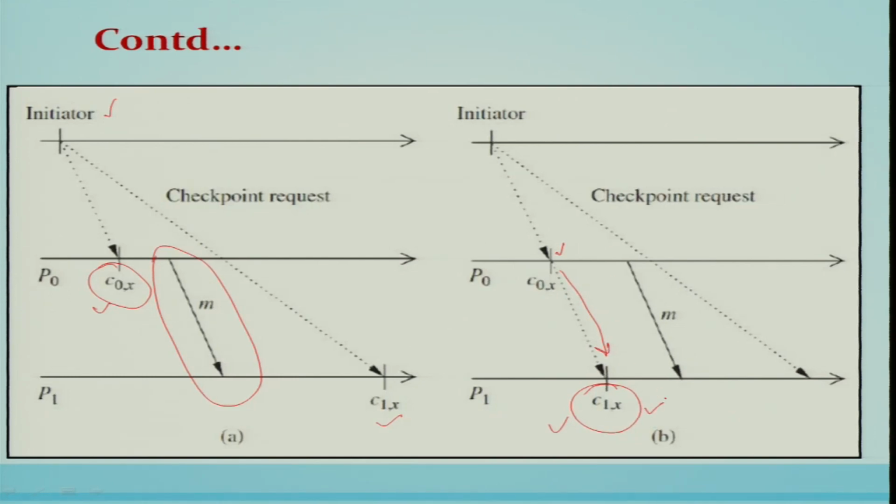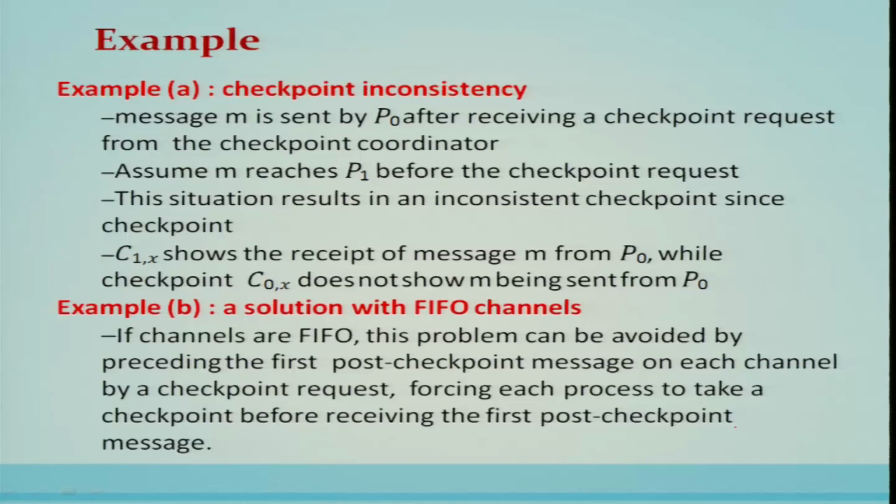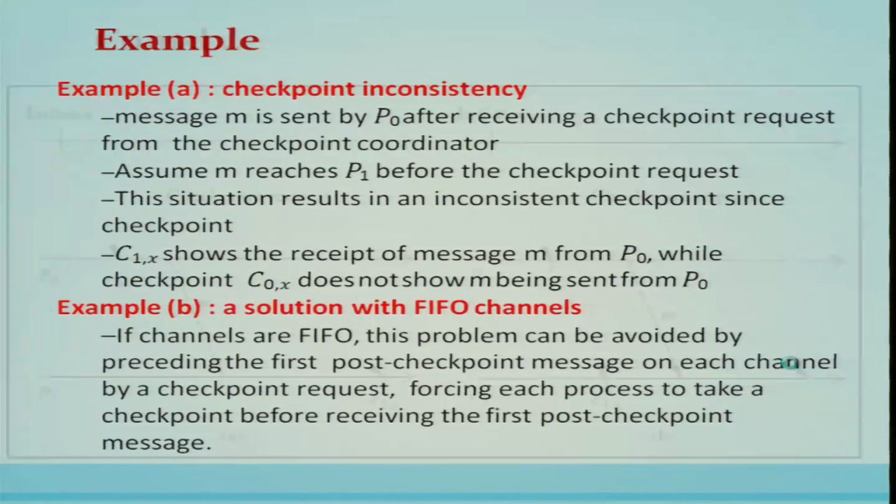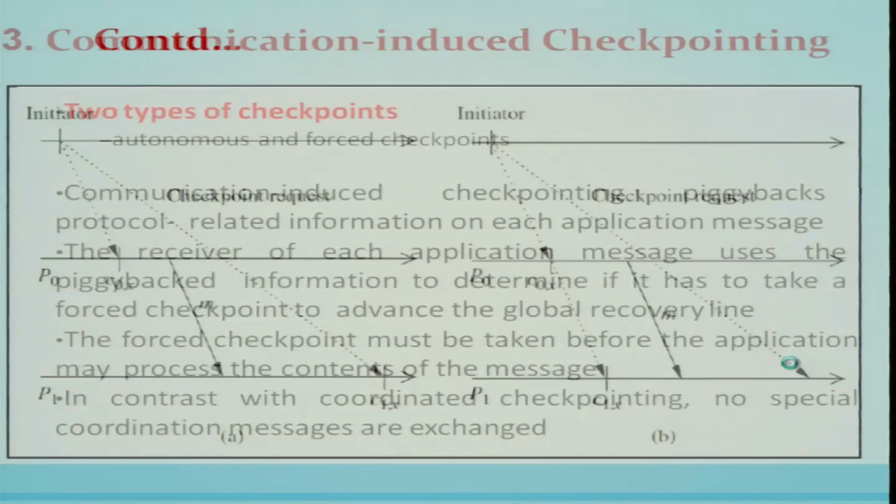So the message which P0 sends afterwards will be received after P1 has taken its checkpoint, and this is the correct state. The solution, as you know, is that if there are FIFO channels, then this problem can be avoided by preceding the first post-checkpoint message on each channel with a checkpoint request, forcing each process to take a checkpoint before receiving the first post-checkpoint message, and that is being explained.